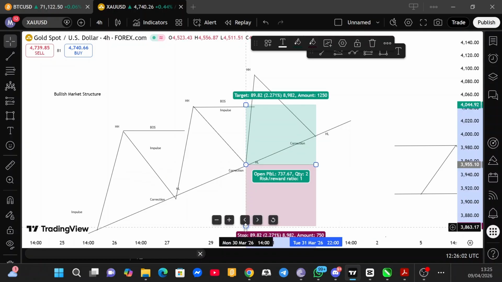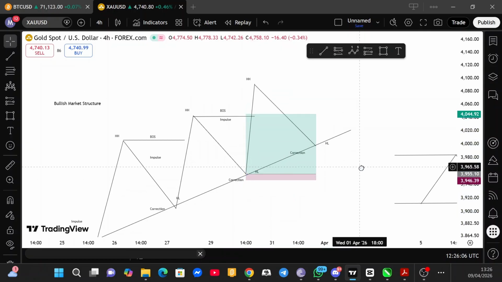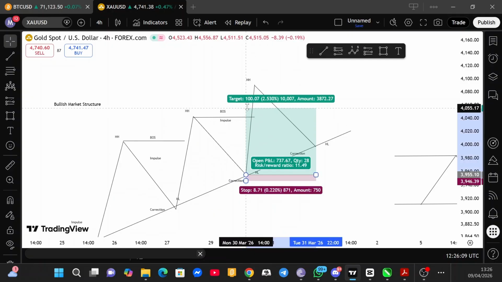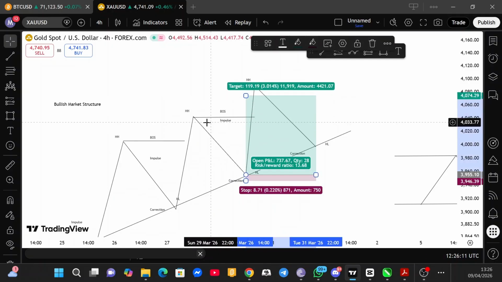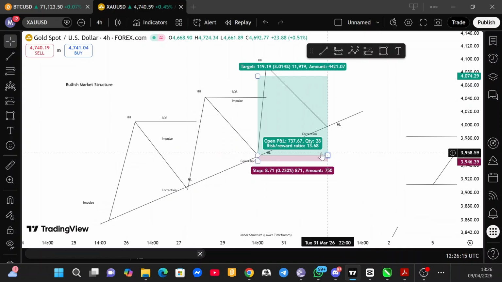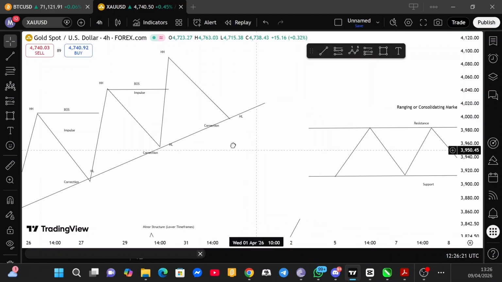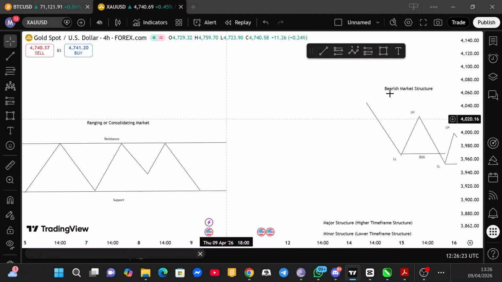I take a buy here, I put my stop loss below the trend line, and then I target above this previous high. You see that? Yes. So that's how we get long, buying positions in a bullish market. Now, what of a bearish market? Let me move to the bearish market.